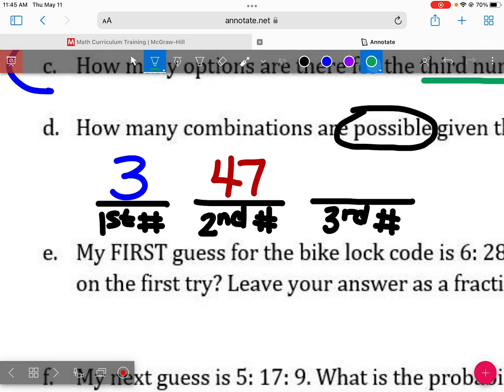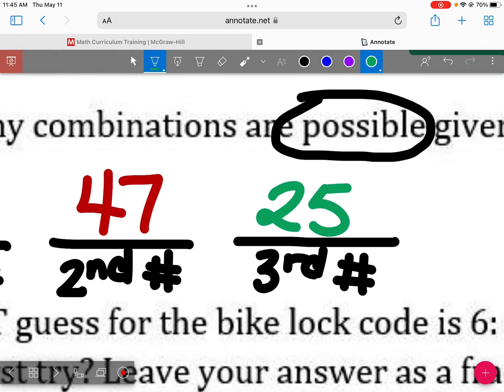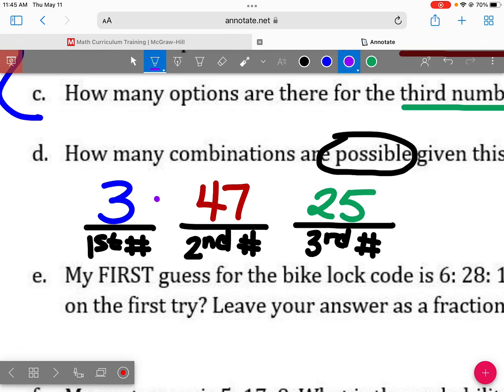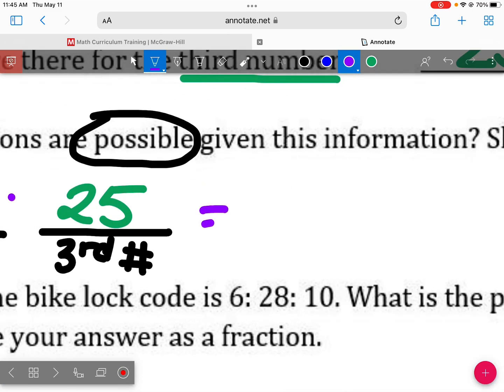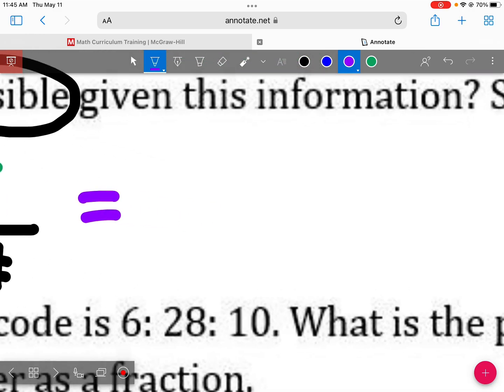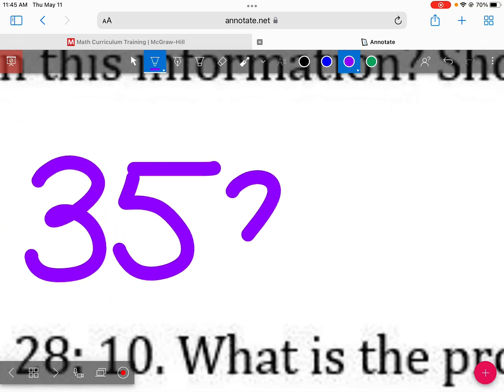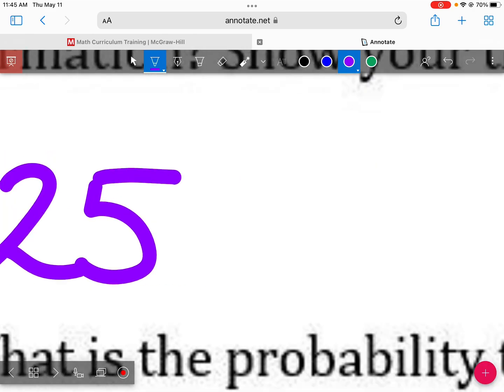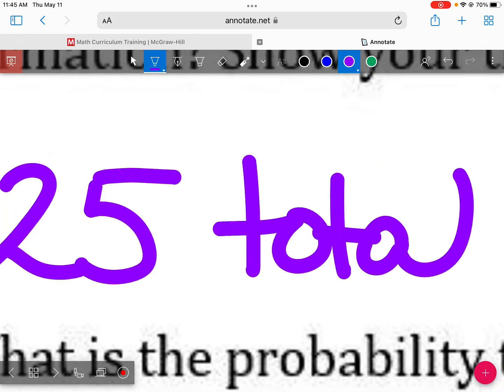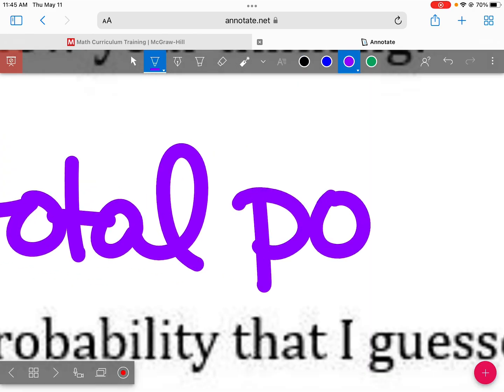For the third number, we had 25 options. I'm going to multiply those together. How many total bike lock codes are there? 3,525 total possible bike lock codes.